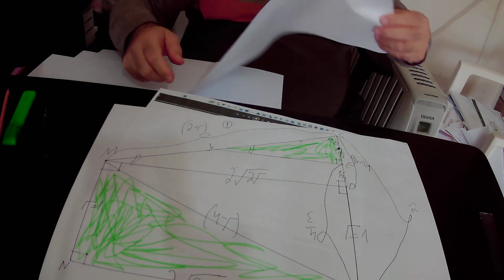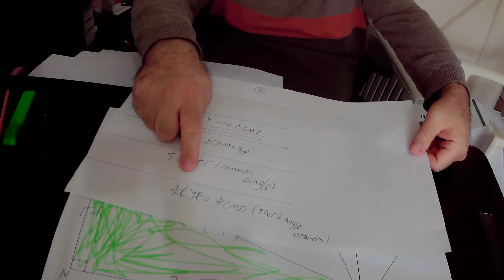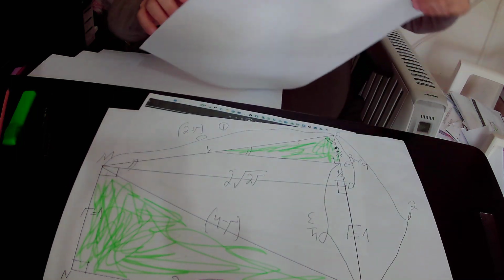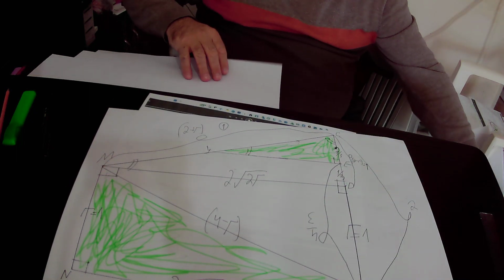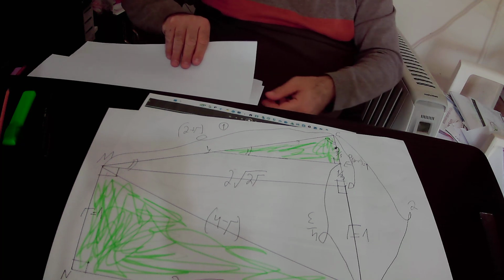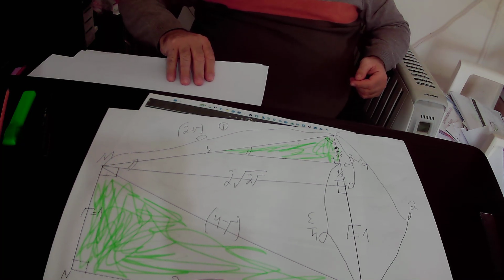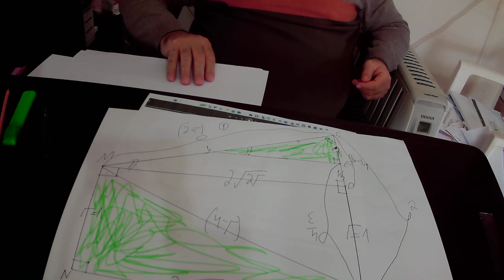So angle CYE equals angle CMD according to the third angle theorem. So what is the third angle theorem? The third angle theorem says that if two angles in one triangle are congruent to two angles in another triangle, then the third pair of angles must also be congruent.